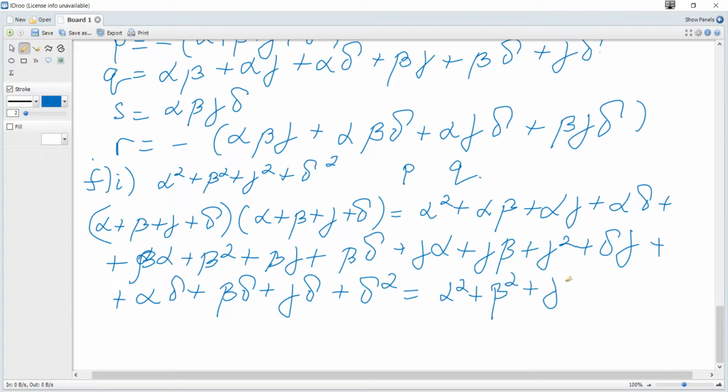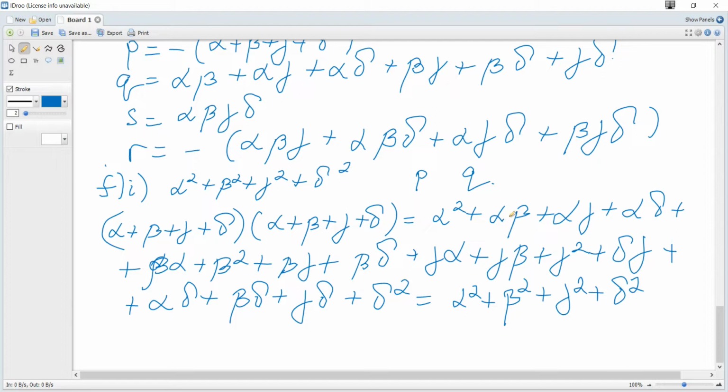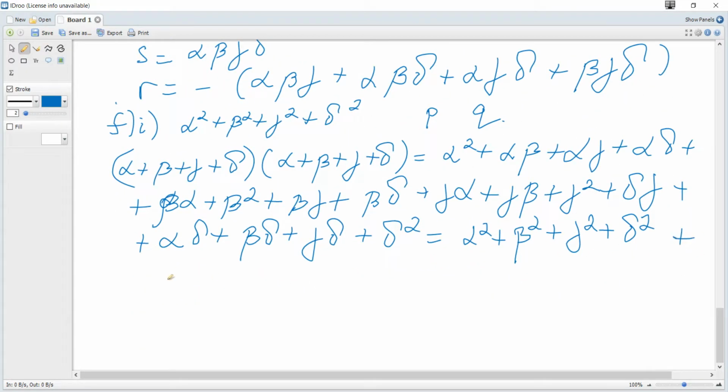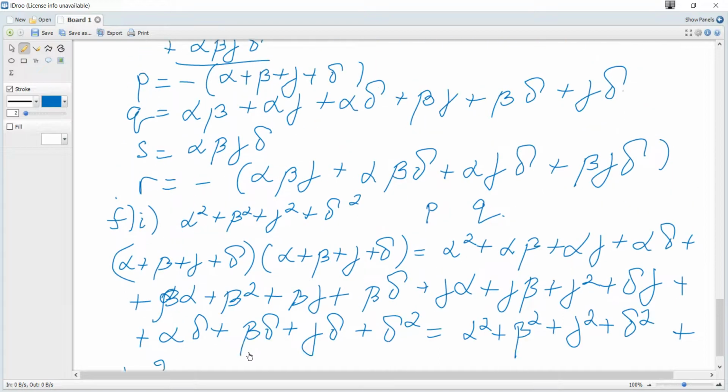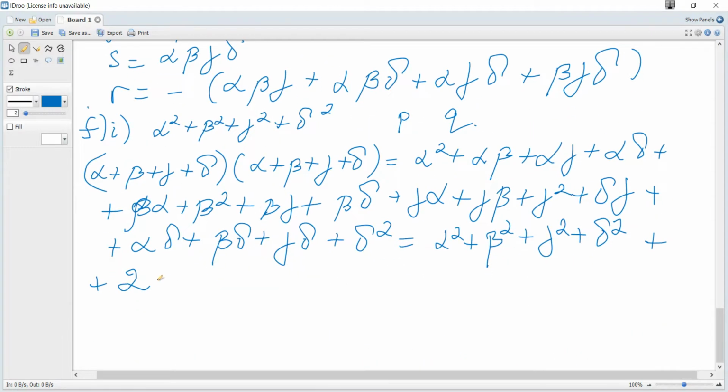and it is equal to alpha squared plus beta squared plus gamma squared plus delta squared, and we can see alpha beta and also alpha beta, so it's 2 times alpha beta, and it will be the same for all combinations. So it will be plus 2 times all possible combinations of the product of two roots, and hence it's q, so 2q.